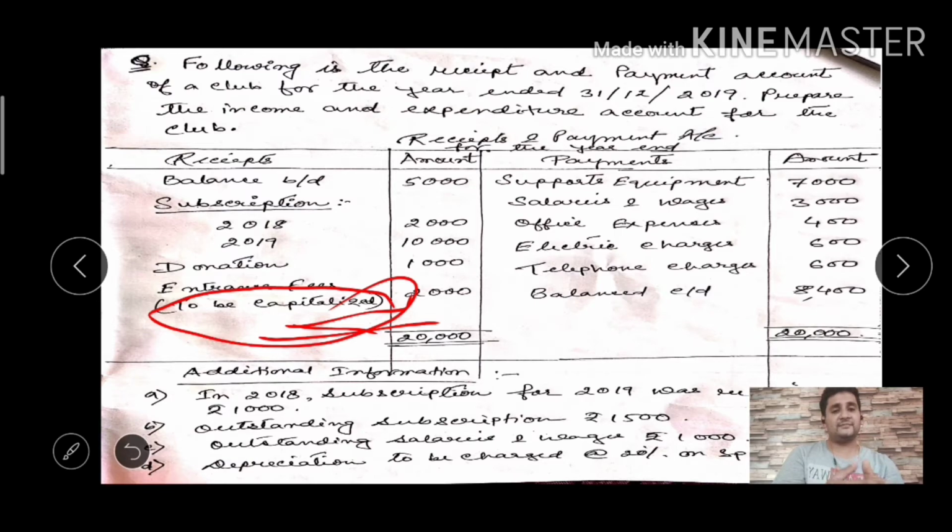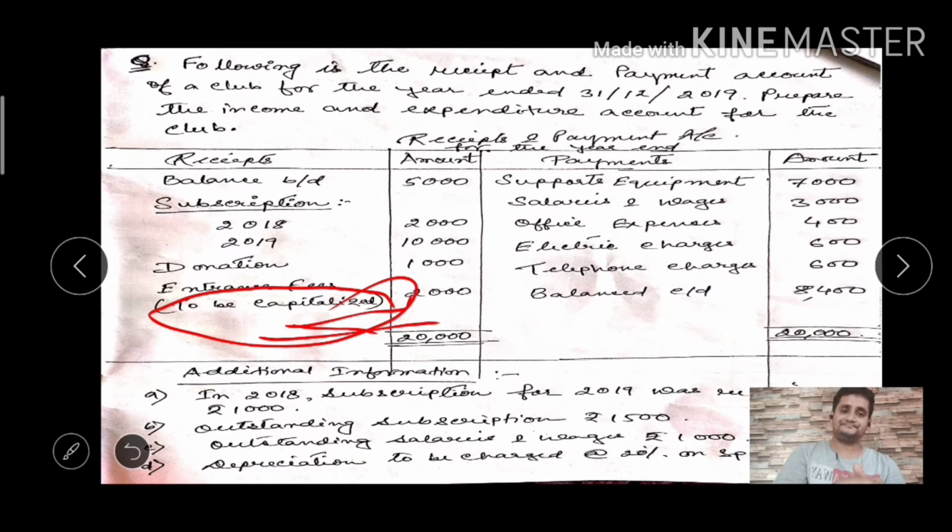You have to remember that if the entrance fees is given in the question and there is no mention of capitalization or any adjustment, then you have to record it in the income and expenditure account. But if the entrance fees is written with a bracket saying it will be capitalized, then those entrance fees will not be shown in the income and expenditure account.